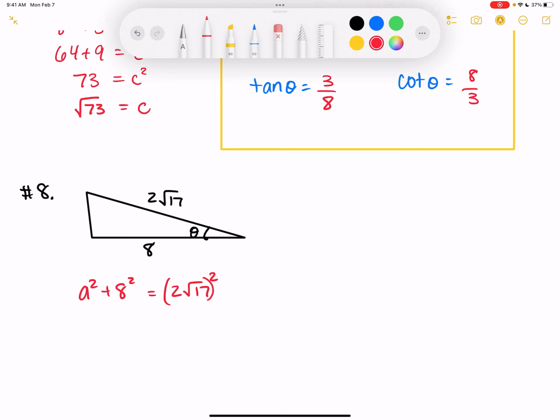So the squared goes on the 2, making that 4, and makes the square root go away here. So that side is 4 times 17, which we'll figure out in a second. Then a squared plus 64. What is 4 times 17? 68.